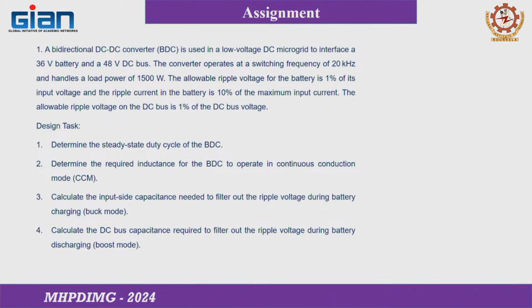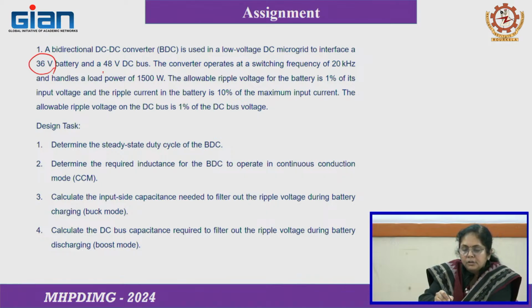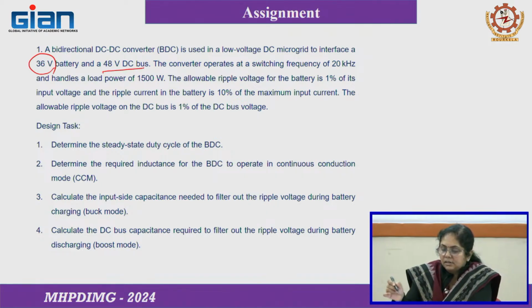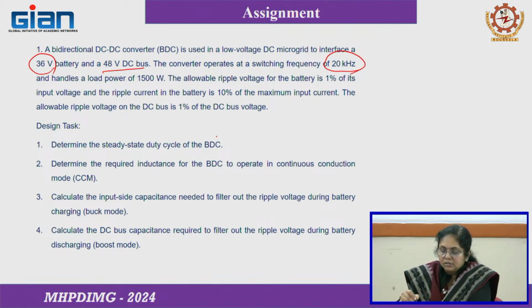Okay. So, this is the assignment question, where I have changed the input battery voltage to 36 volt. Output voltage is the same, fixed at 8, and the ripple switching frequency is changed to 20 kilohertz. You can try to find out the steady state duty cycle of the bidirectional converter, and the inductance when it is operating.